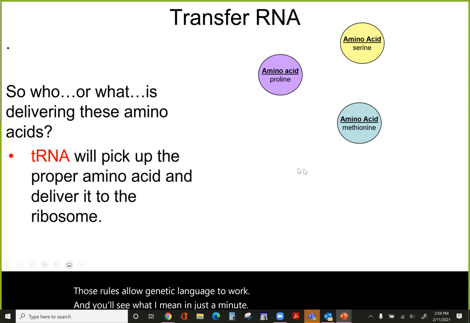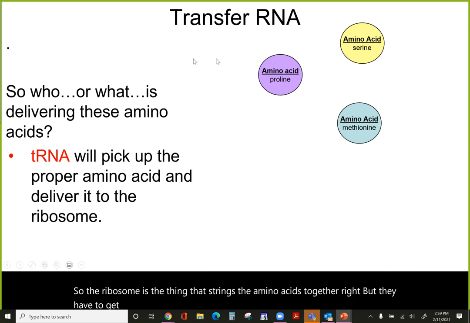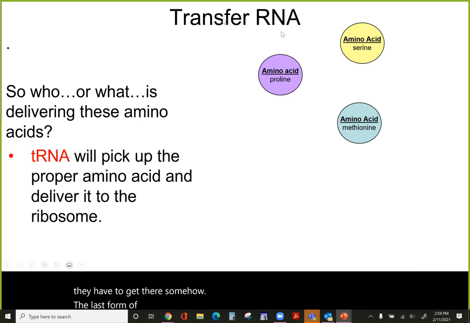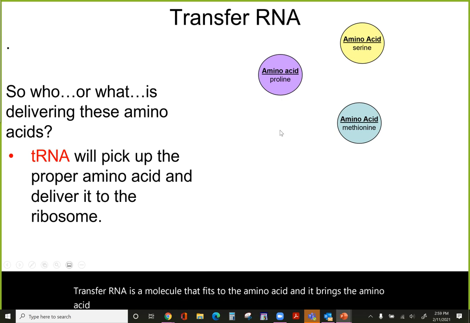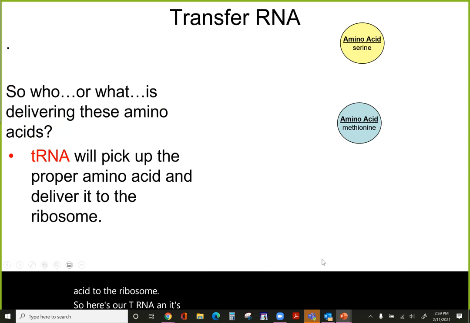So the ribosome is the thing that strings the amino acids together, right? But they have to get there somehow. The last form of RNA that we're going to talk about is transfer RNA, or tRNA. Transfer RNA is a molecule that fits to the amino acid and it brings the amino acid to the ribosome. So here's our tRNA, and it's going to take that amino acid to a ribosome.